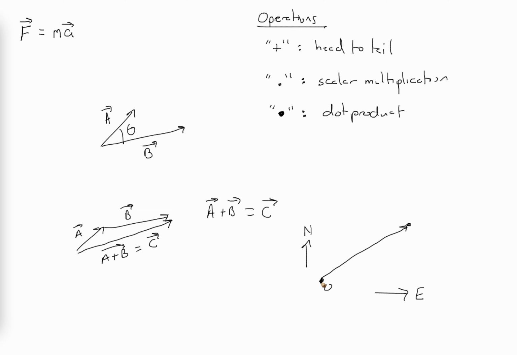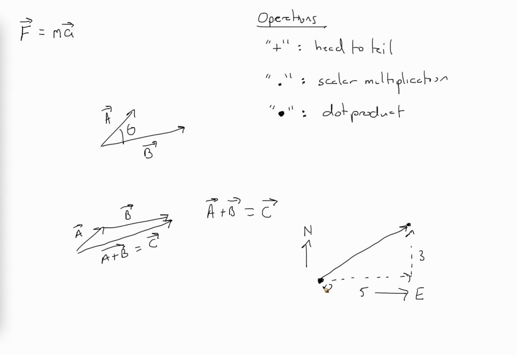And what we might say if we were trying to explain to someone this path of travel that we went from here to here, you might say, well, the first thing you do is you go 5 miles east, and then you go say 3 miles north, whatever this length here is, and that will get you from here to here.